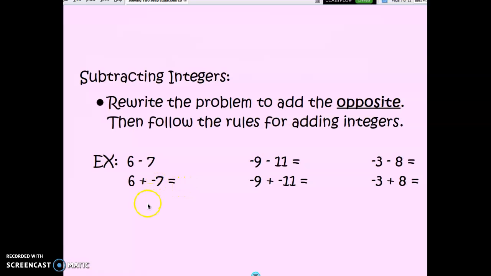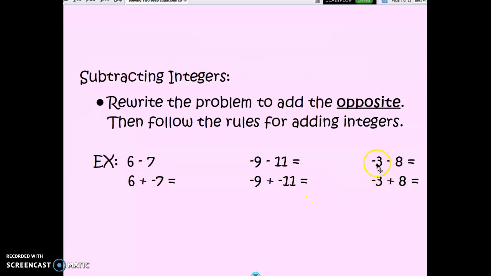We know our answer is going to be a negative. And it's negative 1 because we subtract since we have opposite signs. Okay, of course, negative 9 minus 11 would become negative 9 plus negative 11, which, since we have same signs, we would keep a negative sign, and it would become negative 20.